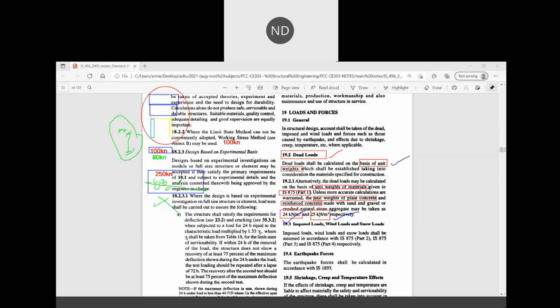If it is only steel, obviously you're not going to use the concrete one. Wherever concrete comes and that member has concrete in it, you need to find out the dead load. In that case, you have to remember this for your calculation of the dead load. But for steel plus concrete, you need to know that particular concrete's unit weight, okay?